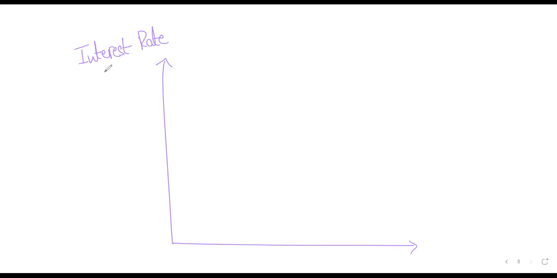Okay, now interest rates are on the y-axis and you have quantity of money on the x-axis. Now, according to liquidity preference theory, where the demand for money intersects with the supply of money, that is where the interest rates will be, right? So according to this theory, there's a downward sloping demand curve for money. So I'll write this down as MD, money demand.